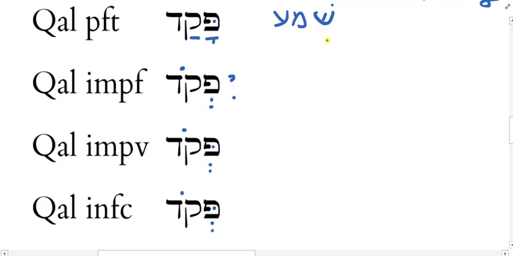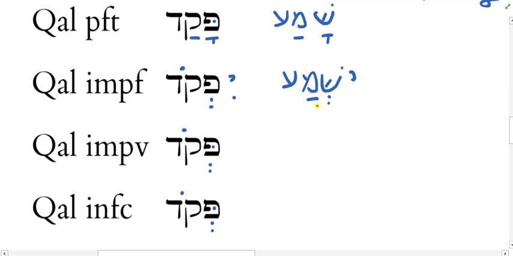The Qal perfect of shama is shama. The Qal imperfect of shama is yishma. You see that? Yishma. Where did that a-class vowel come from when normally I have a holem for my theme vowel in the Qal imperfect? Why do I have a patach under the mem here in yishma?